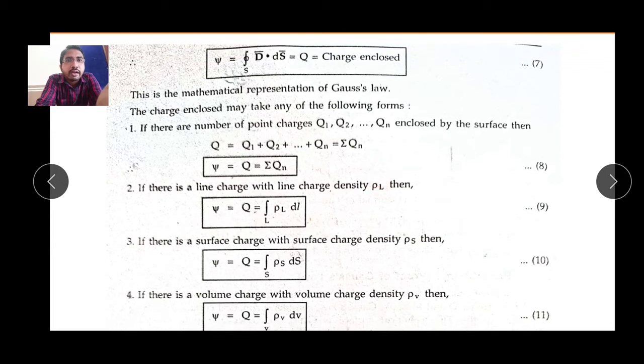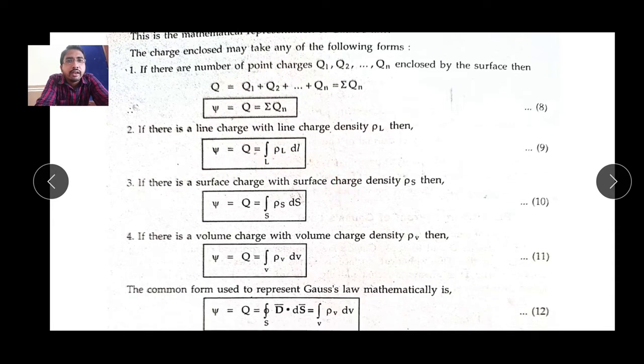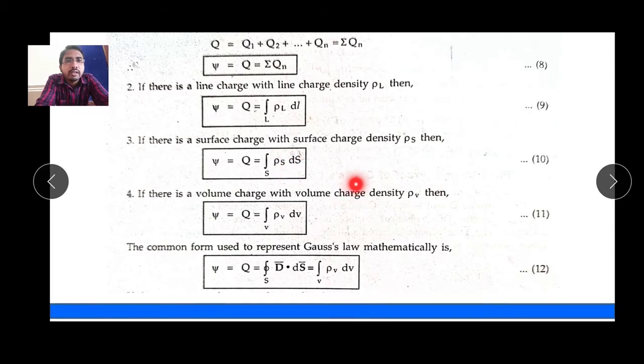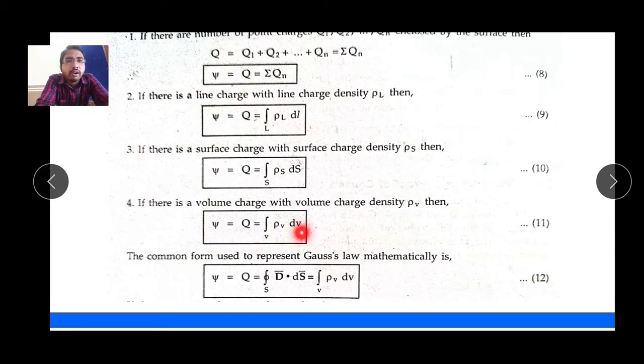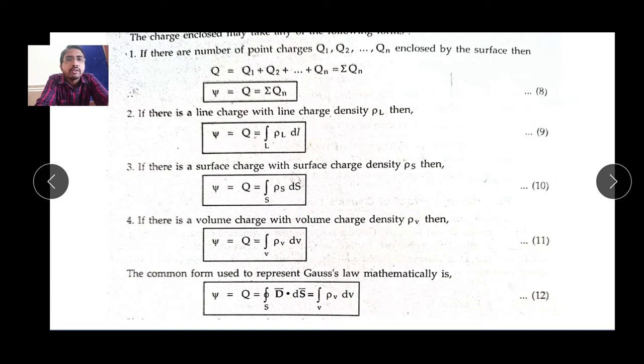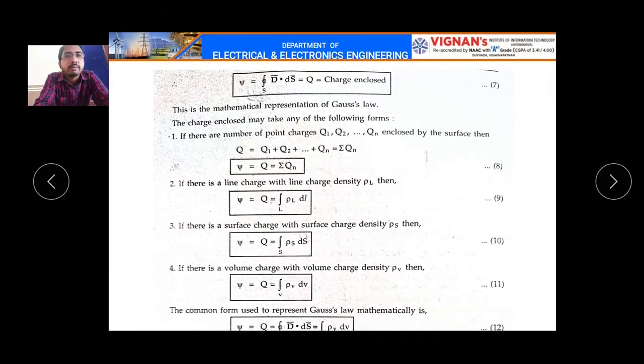Now if you are applying the same law for a line charge, then you can represent line charge density rho_L. If you are applying the same formula for surface charge, we can keep rho_S. If you are applying the same formula for volume charge, we can keep rho_V. So like that, according to our need, we can change the formula. Okay, this is the mathematical representation of Gauss law.